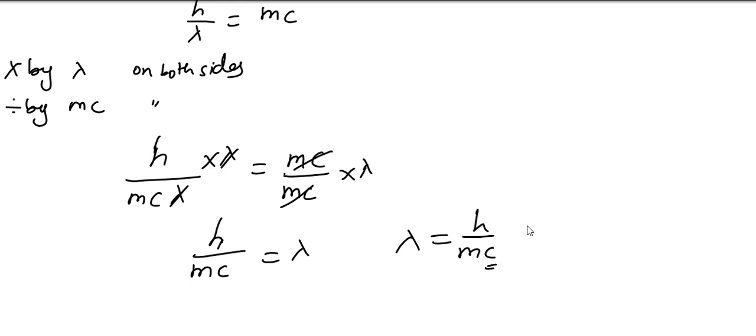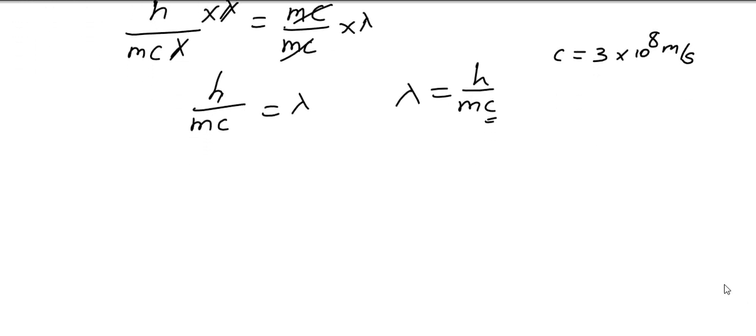So this c is the speed of light, velocity of light, which is equal to 3 into 10 power 8 meter per second, approximately.